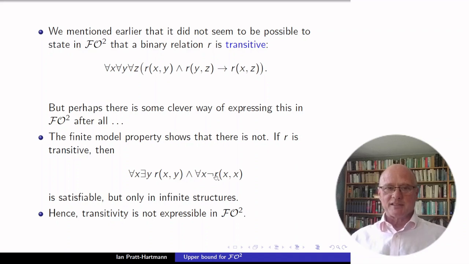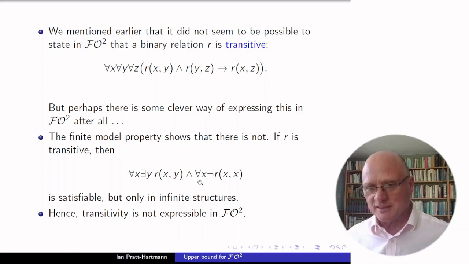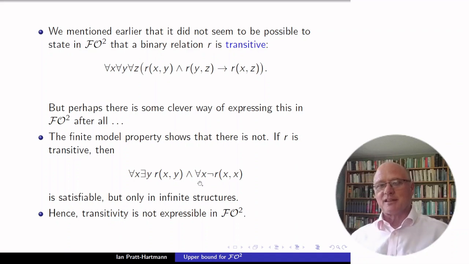And as you take successive R witnesses, you can't reuse any of the elements you've already generated in that sequence, because if you did, you'd have a loop of R's, and since R is transitive, you would violate this requirement.